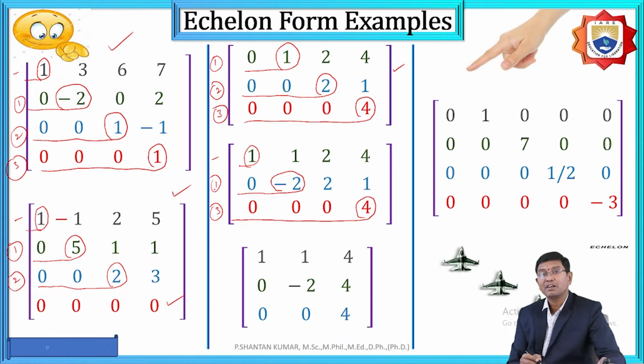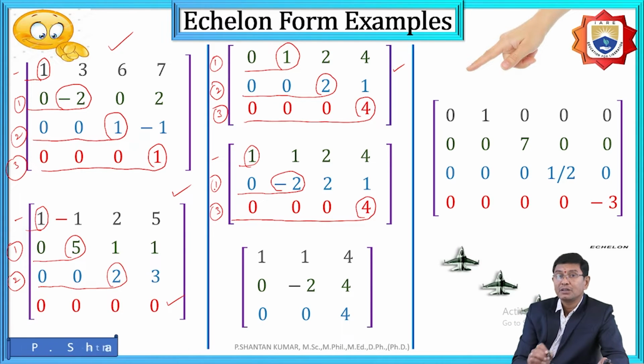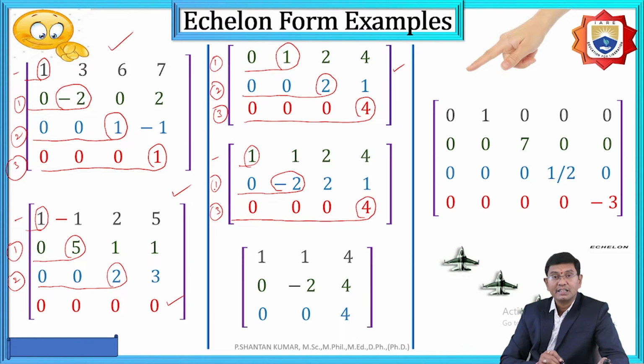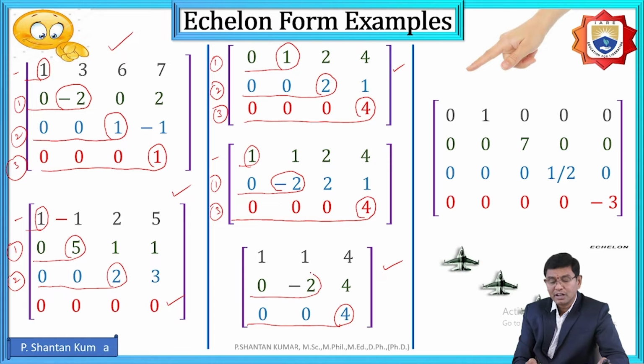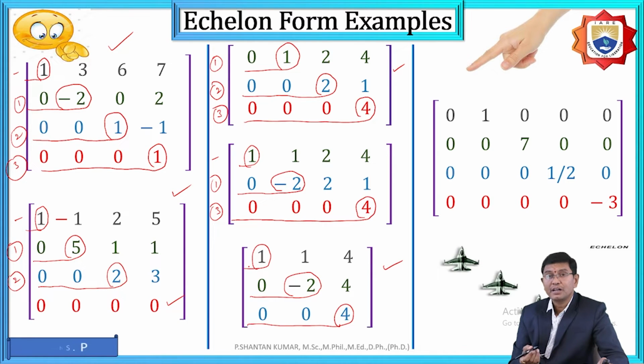Based on this, the number of non-zero rows in this particular matrix is equal to the rank, which is 3. Further, zero rows are not available in this matrix. Here also the first non-zero elements are 4, minus 2, and 1. The second condition, either 1 or any unique number, is the meaning of a non-zero number.